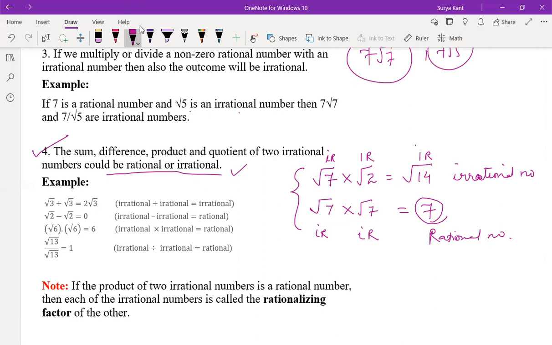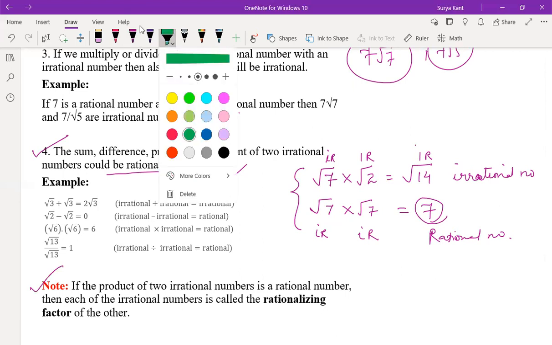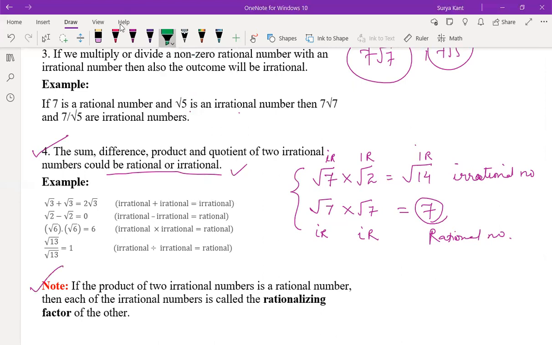So remember the note given here: if the product of two irrational numbers is a rational number, then each of the irrational numbers is called a rationalizing factor of the other.